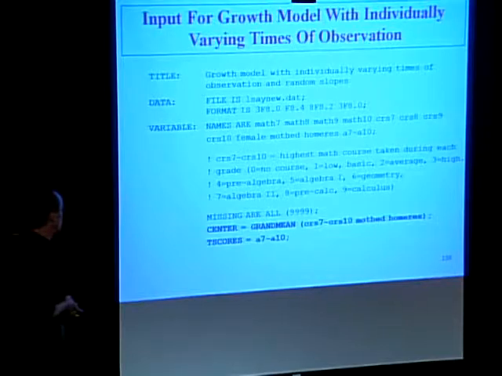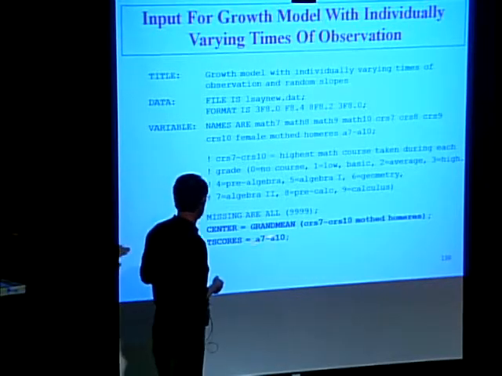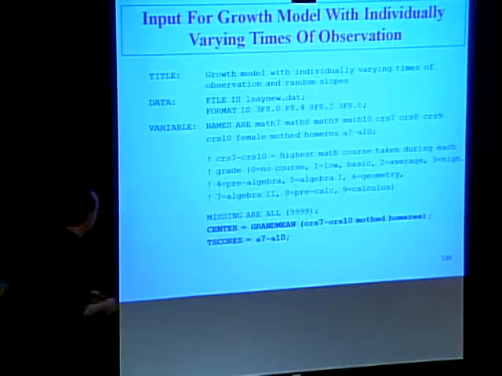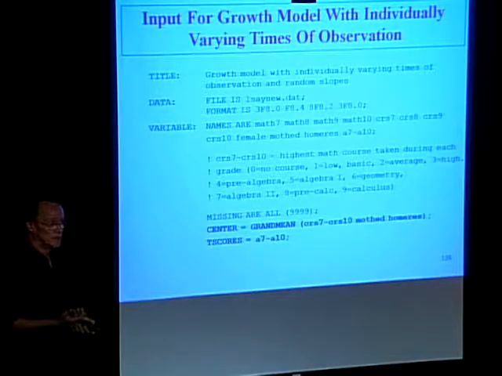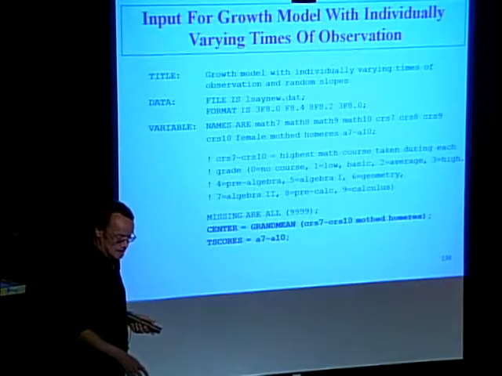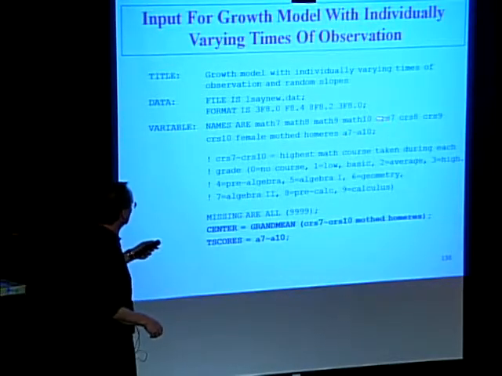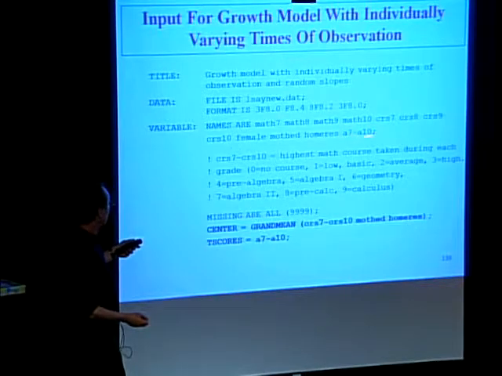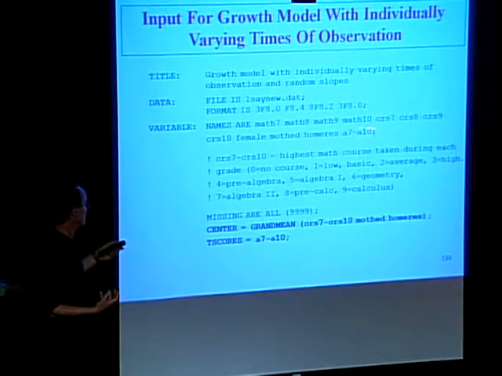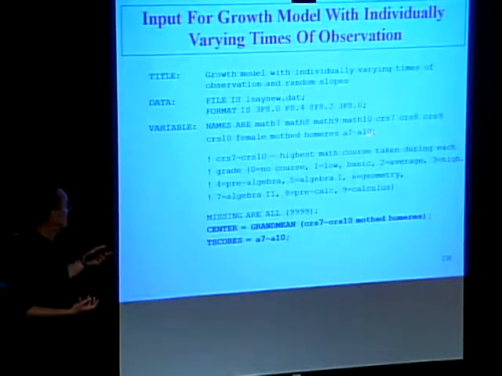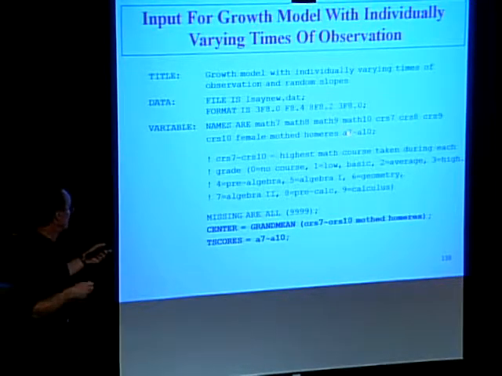More to the point though, we're going to work with time scores here. And those are the ones that go together with that keyword at. We're going to read in the data, if you look up here in the variable command, we have data A7 through A10. Those are the four variables that sit in the data, and A7 can potentially vary across people, across the rows in that data matrix.